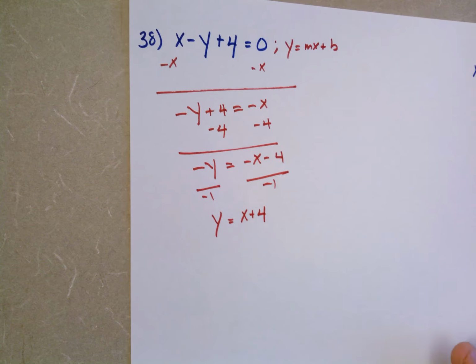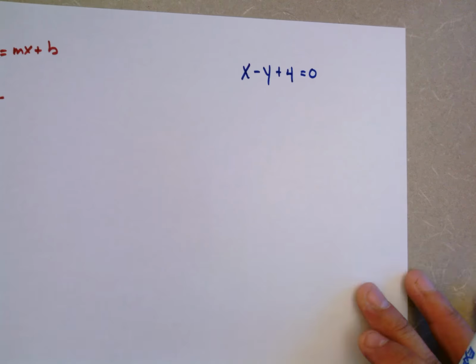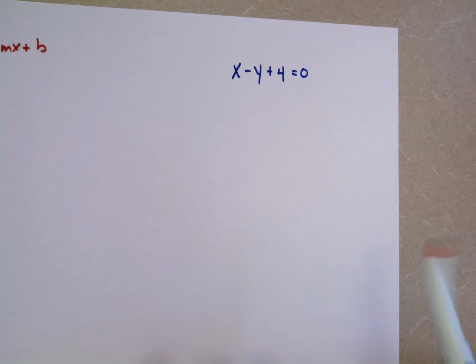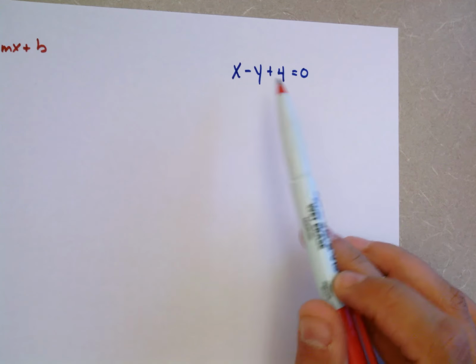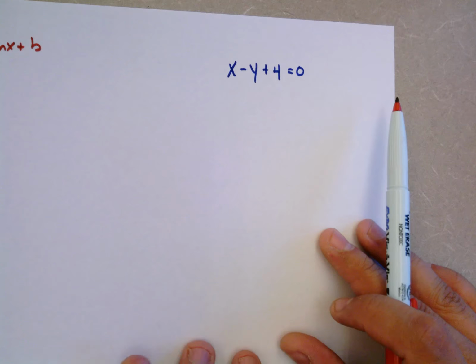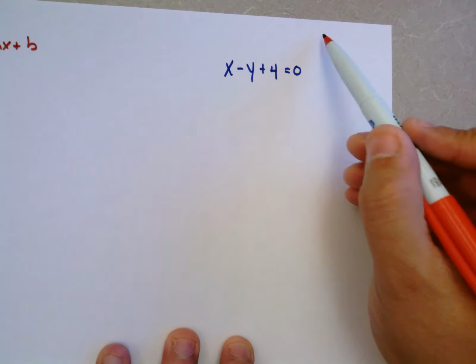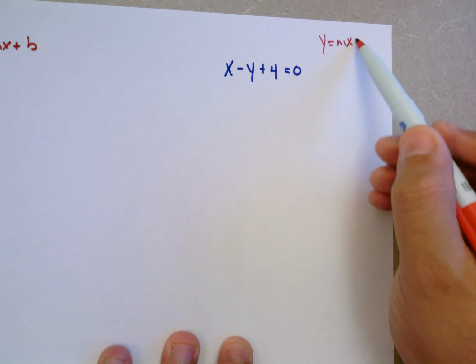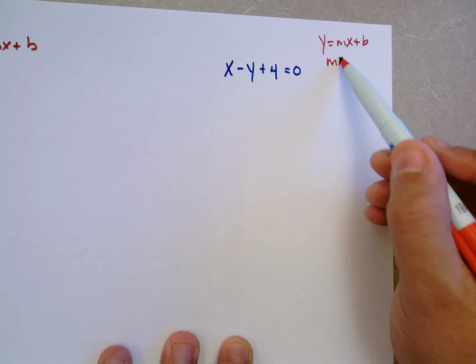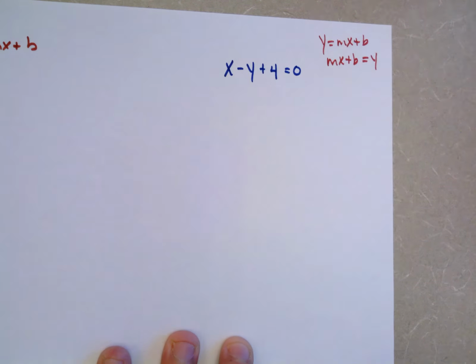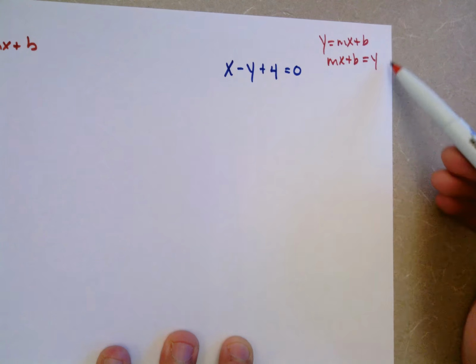Well, there's actually an easier way to solve this equation. If we look at it again here, I have all three terms on the left-hand side, and remember, I just have to get y by itself. Well, y equals mx plus b could really be mx plus b equals y if I really wanted it. These are the same thing, as long as y is isolated.